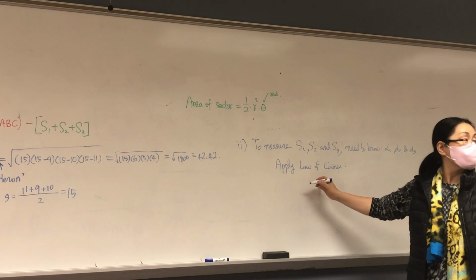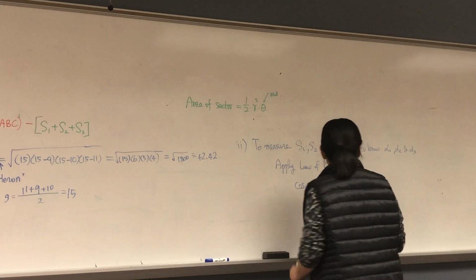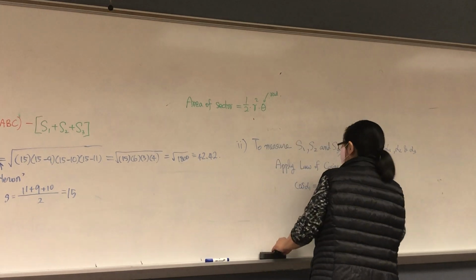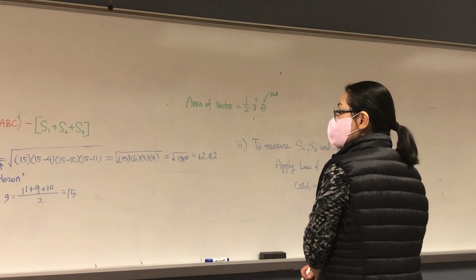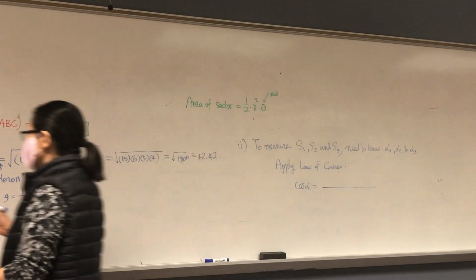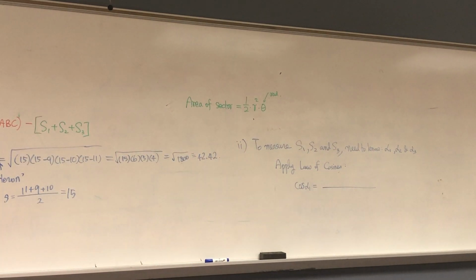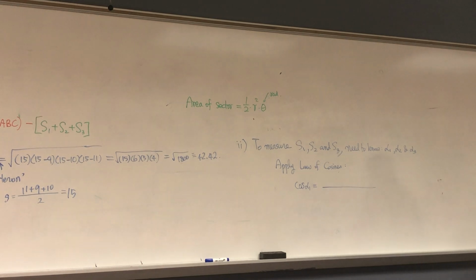So cosine alpha 1 equals what? Like here, this is alpha 1, this is alpha 2, this is alpha 3, for angle A, angle B, angle C.